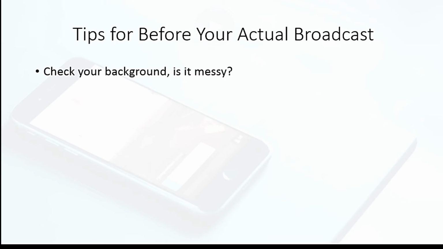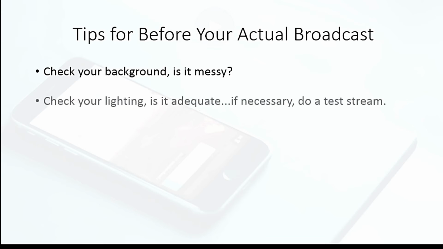It'll give the viewer something that they can kind of look at and focus on that will not detract from your actual broadcast. So again, don't have a lot of busyness and a lot of messiness in your background when you're broadcasting.